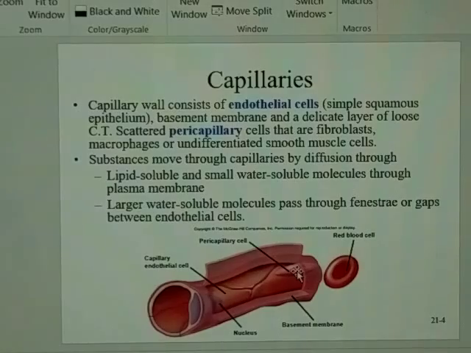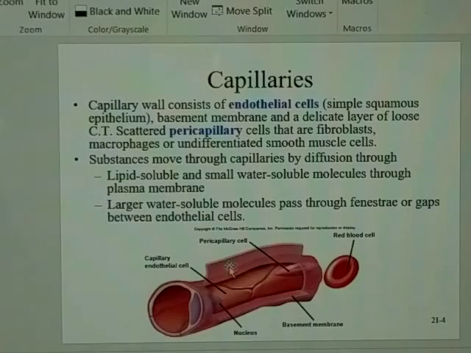Now, at this point in the capillaries, substances are going to move by diffusion. Anything that's lipid soluble has the ability to simply move through the plasma membrane of these capillary cells. If something is water soluble, it's going to need a passageway.